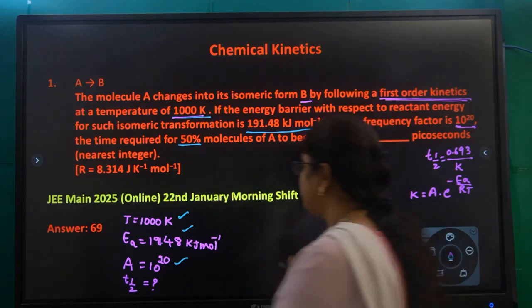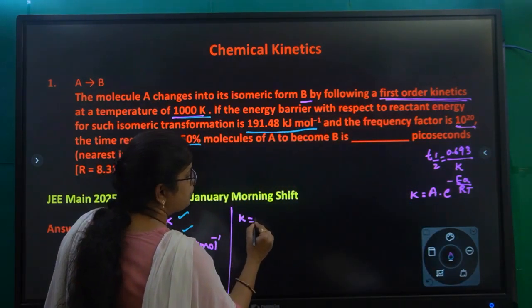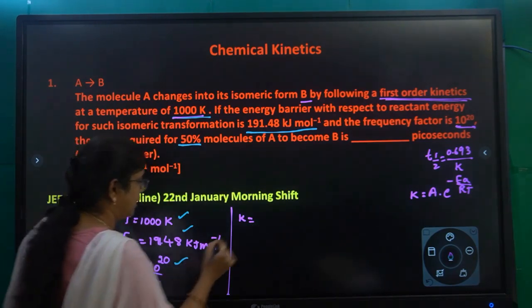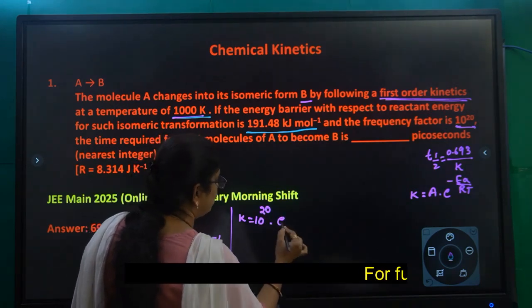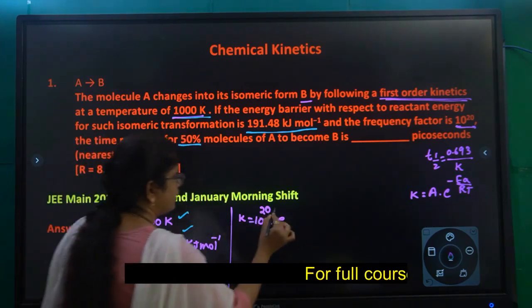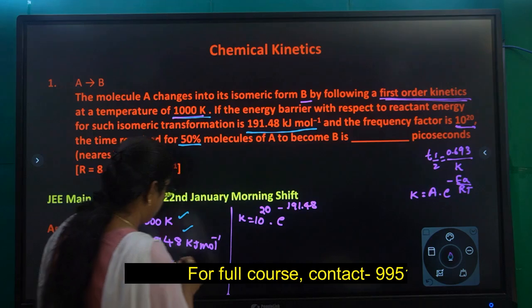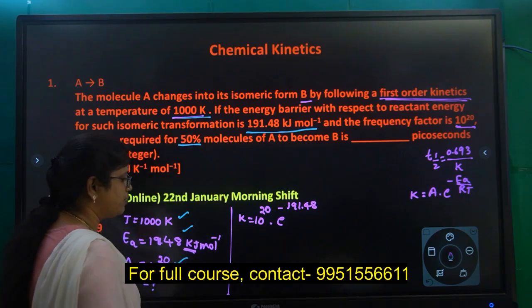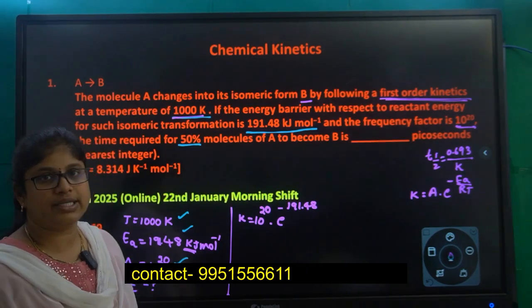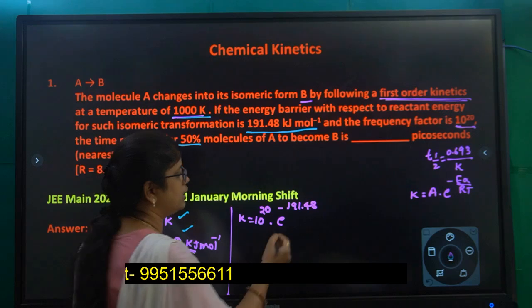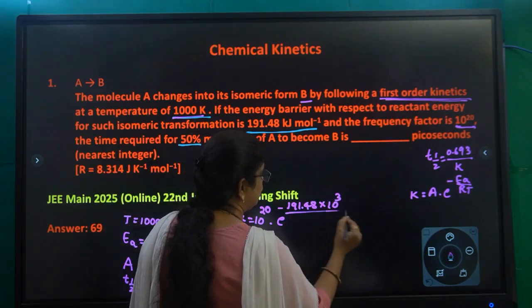Now substitute the values here. K is equal to A, which is 10 to the power of 20, into e to the power of minus 191.48, and he has given kilojoules. We must take the value in joules, so convert kilojoules into joules. 1 kilojoule equals 1000 joules, so we can write 1000 as 10 to the power of 3.